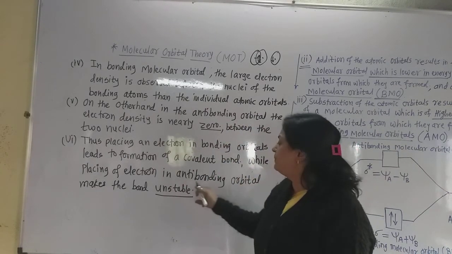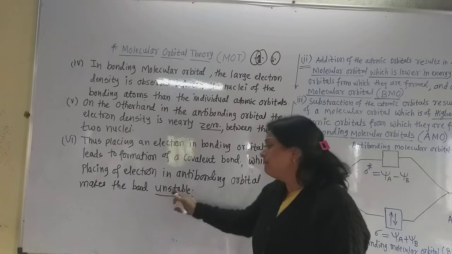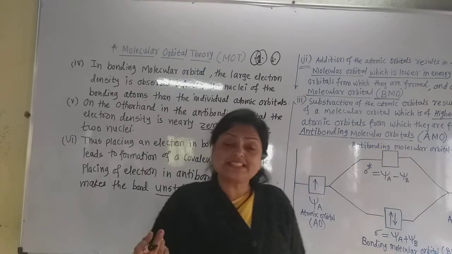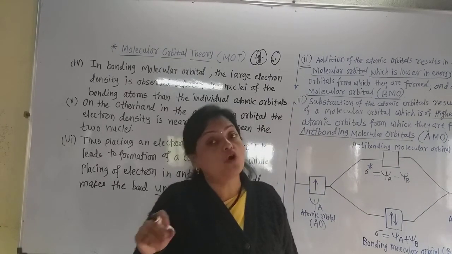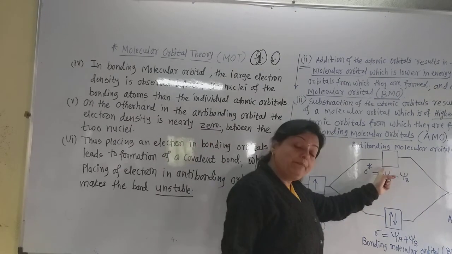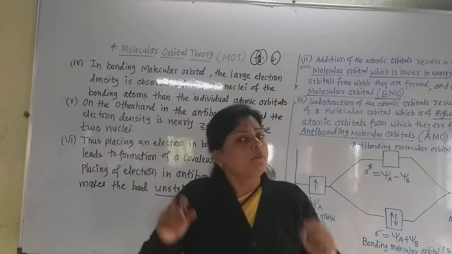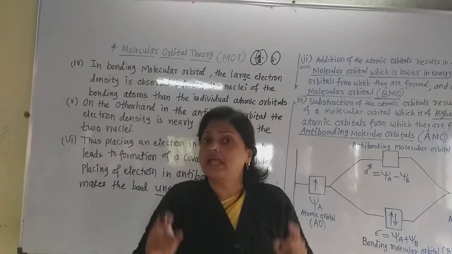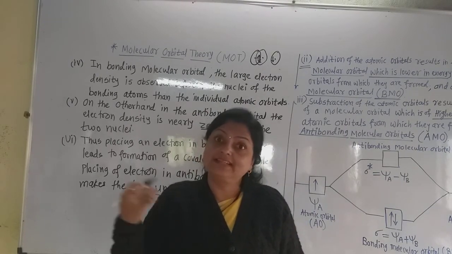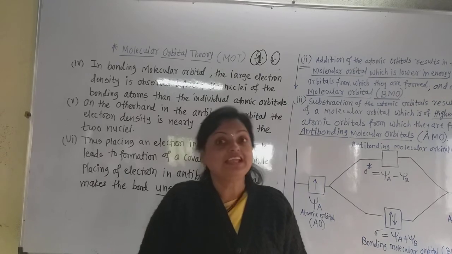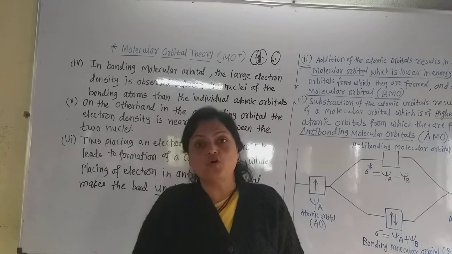While placing of electrons in the anti-bonding orbital makes the bond unstable. That means the bond cannot be formed if we place the electrons into the anti-bonding orbitals. So the bonding orbital must contain a larger number of electrons than the anti-bonding orbital, and only then is a covalent bond formed.